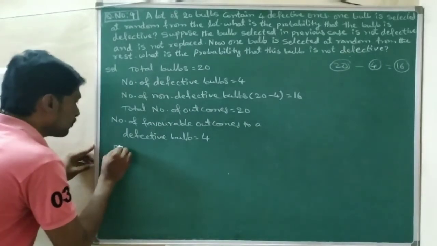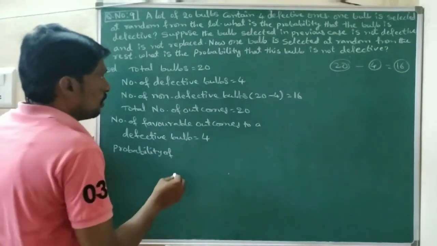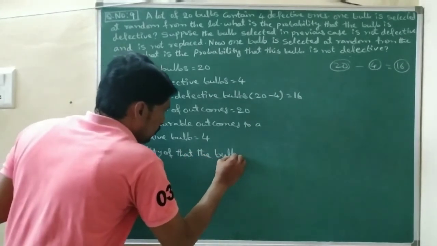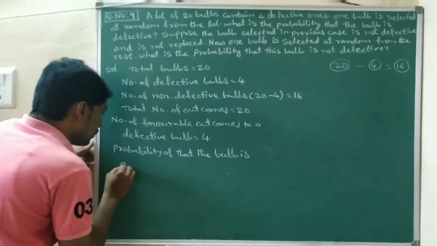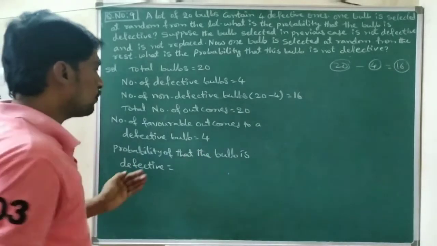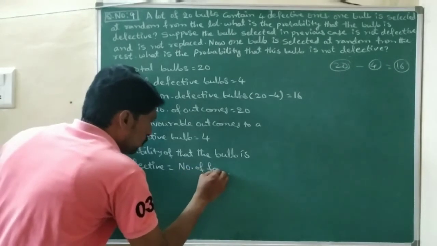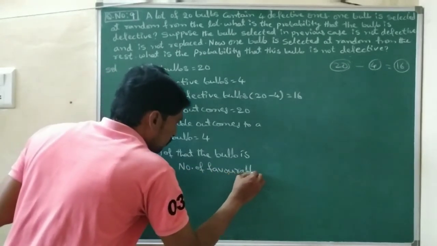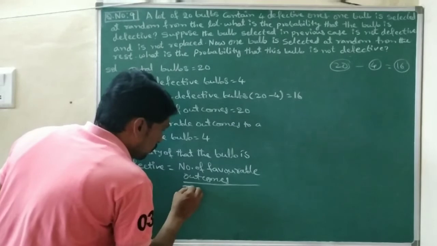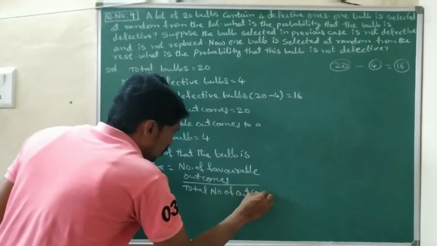So probability that the bulb is defective. Defective one we need to find. So probability that the bulb is defective equal number of favorable outcomes by total number of outcomes.